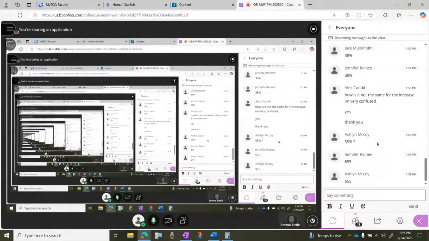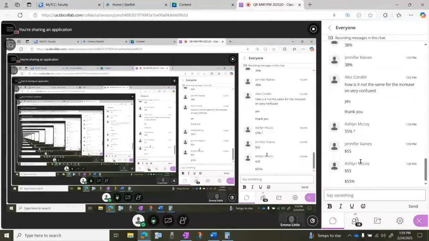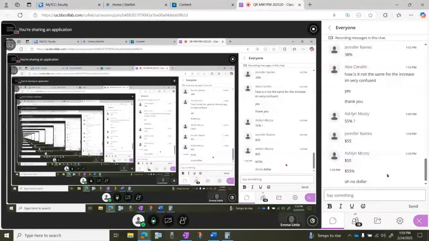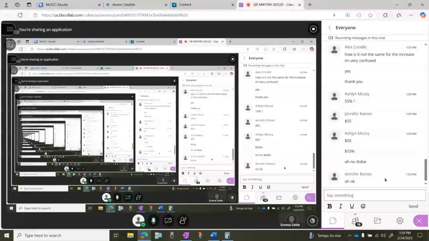Your result is supposed to be a percentage with a percent sign in it. The number is correct, Jennifer and Ashlyn. No dollar. Percentage doesn't have a unit. It's just a percentage.